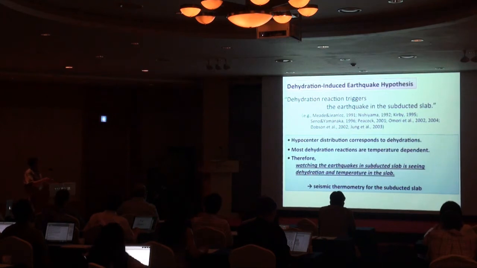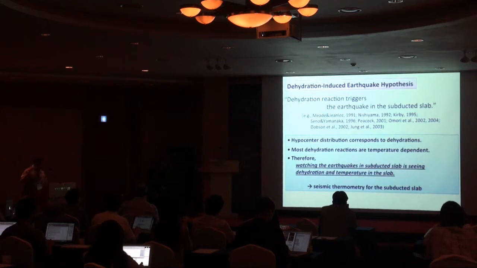This hypothesis has almost a 20-year history, and experimental works were done, and some petrologists also joined this hypothesis group. Anyway, the dehydration reaction in the subducted slab triggers the earthquake, so the hypocenter distribution corresponds to the dehydrations.